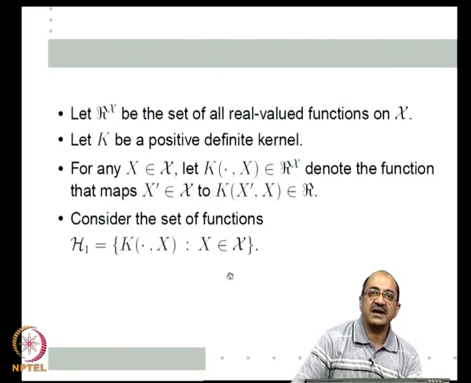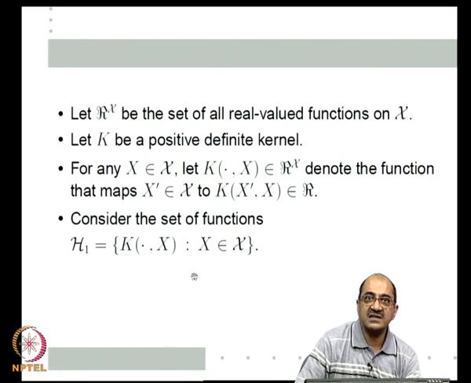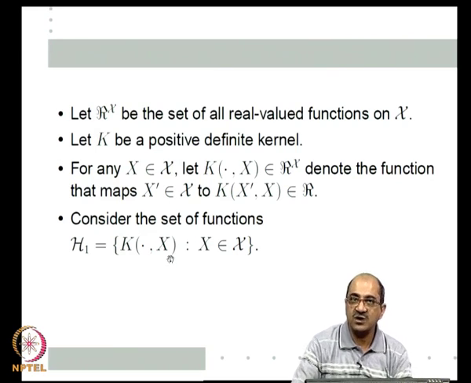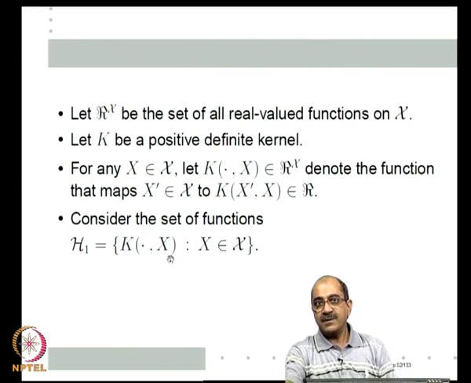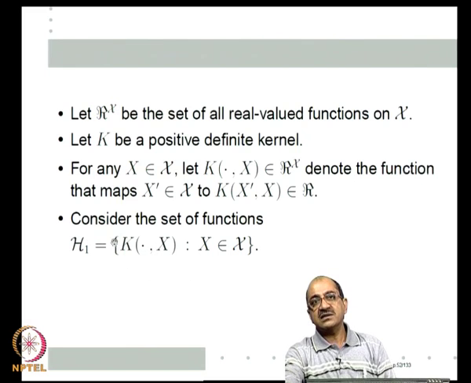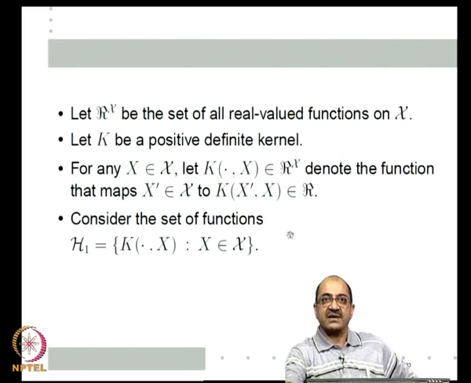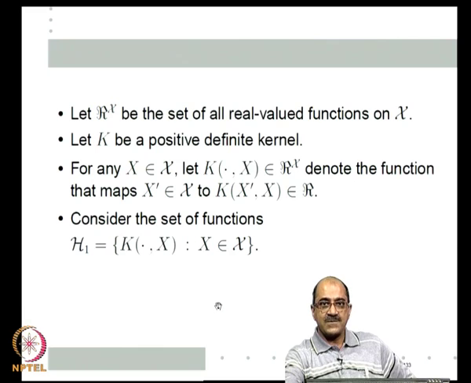Actually, we can think of K(dot, x) as the kernel function centered at x, because this now is actually a function. Its value at any argument value x prime is the value of the kernel function K(x prime, x). So, we will call this a kernel centered at x. So, H1 is the set of all kernels centered at all possible feature vectors, all possible elements of X.